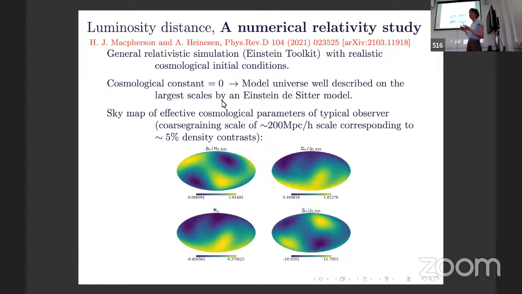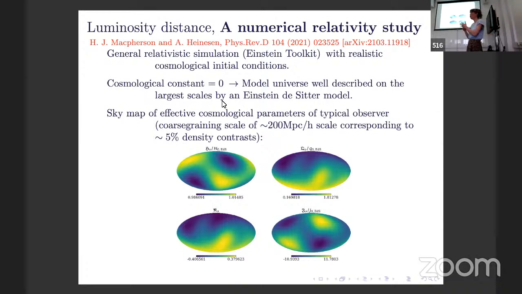And I think that the maximum fluctuation, if we consider 1,000 observers in this simulation, is about 5%. But this is at a particular scale in a particular simulation. So this is a 200 megaparsec over h scale.